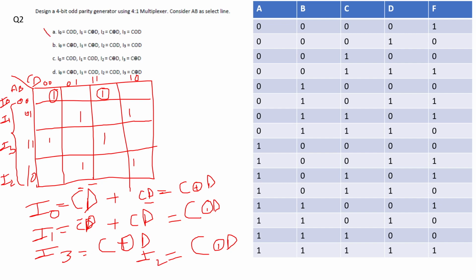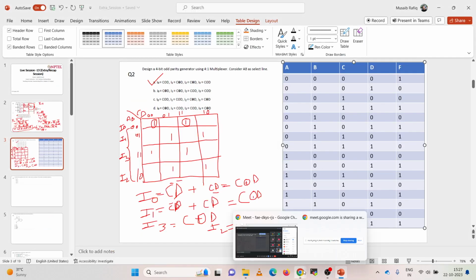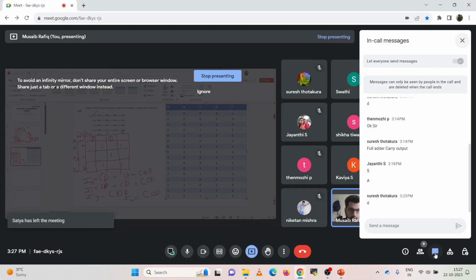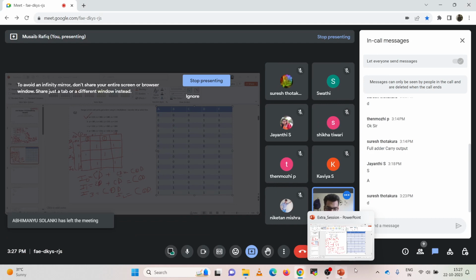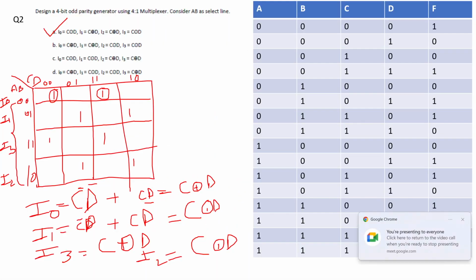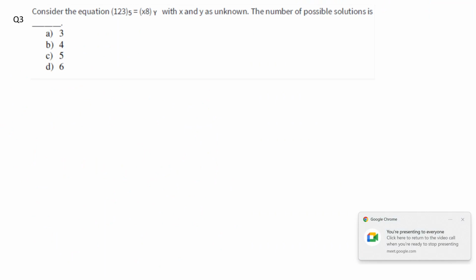So option A, as rightly pointed out by some of the students, is the correct answer. Now we have another question, which I think I showed in my week 1 lecture, but I thought this is a really important question.